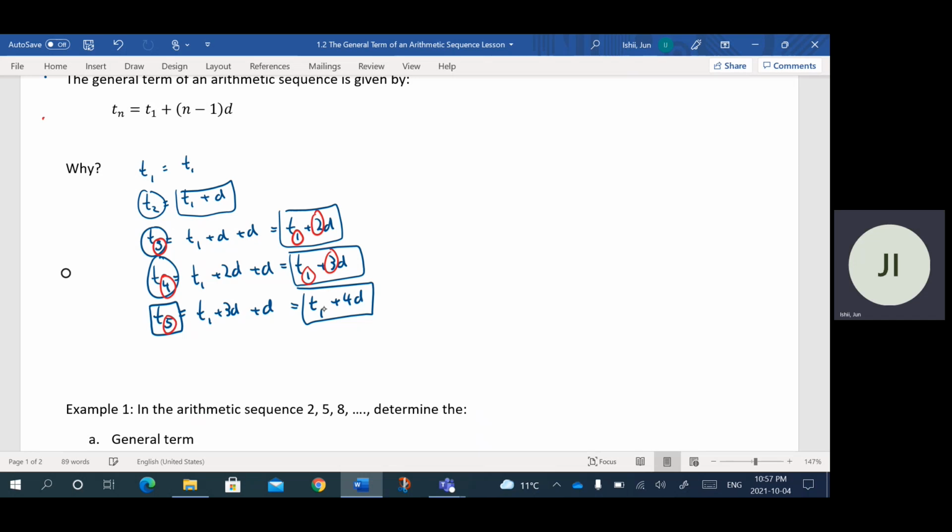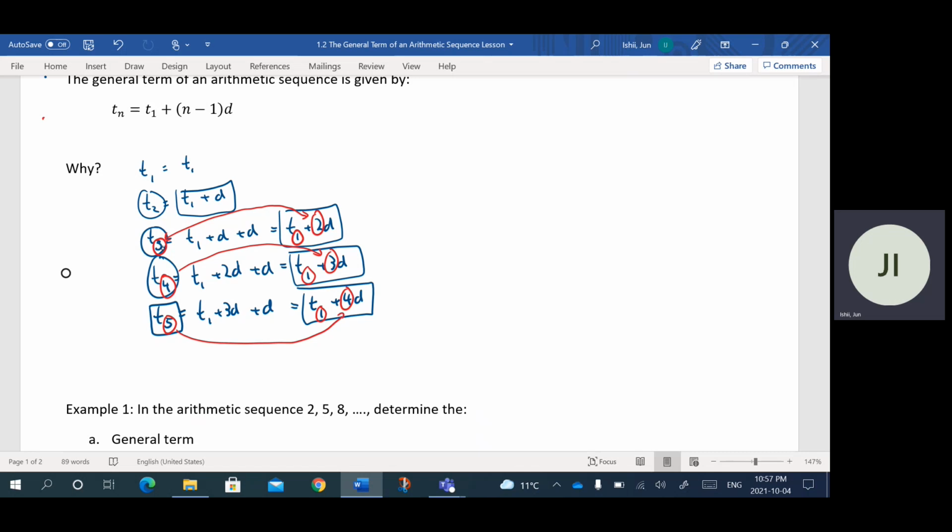The fifth term is the first term plus four common differences. The key thing to notice is how these numbers relate.